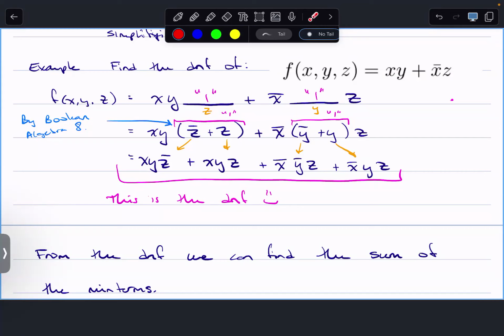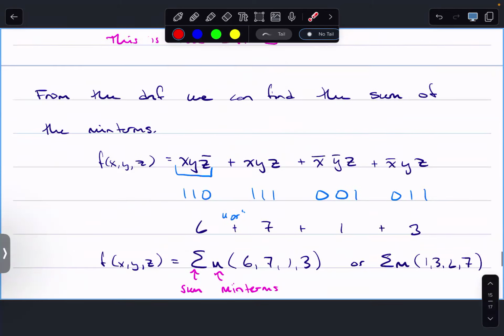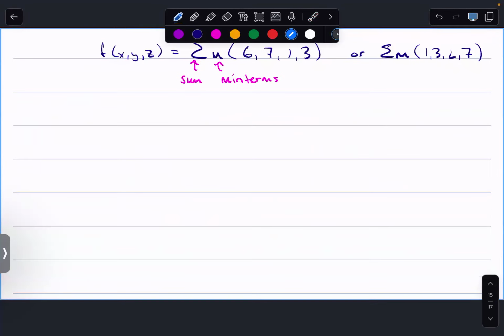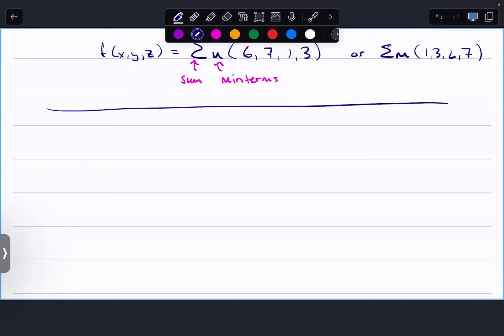I suspect you might like the truth table version a little bit better. Although this is fun, you have a choice. Or we can use a truth table.